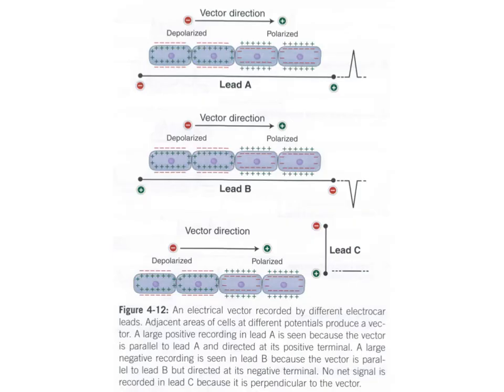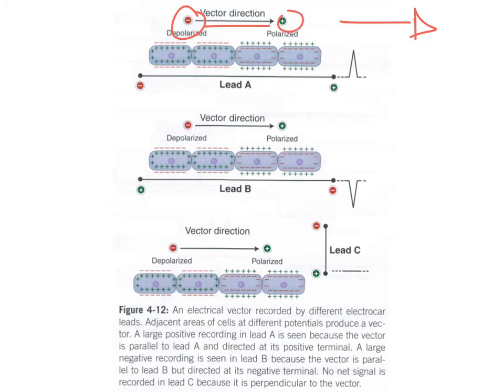So why am I emphasizing the negative and the positive signs of these leads? I'll try to show you here with an example. Let's say there are some cells and there's depolarization going in the horizontal direction, going from here to here.